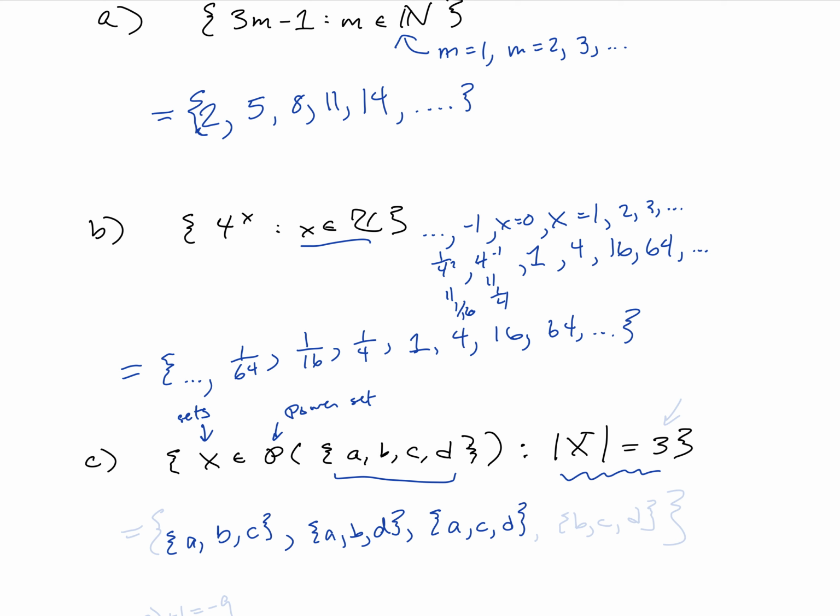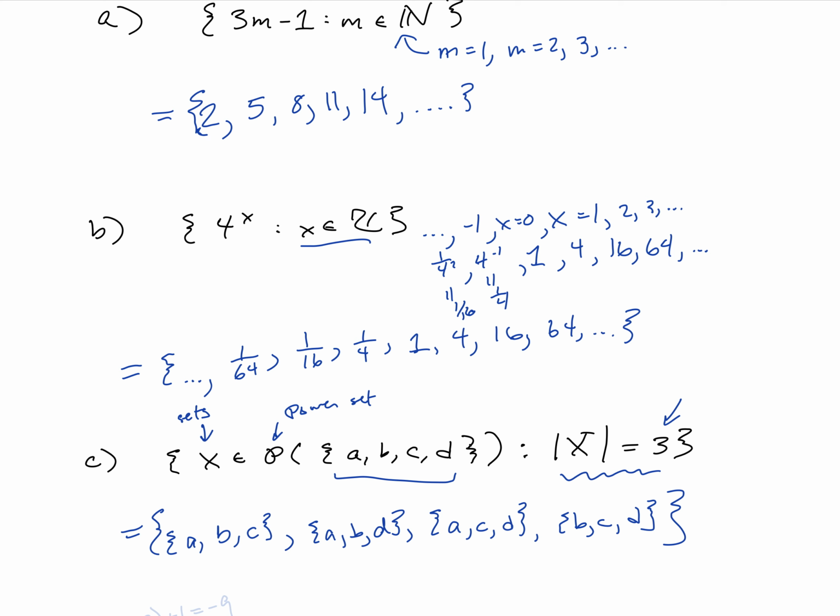And I think there's one more, yes. Then there's also just {b, c, d}. So those are the sets that are elements of the power set of that original set that also have cardinality 3, that have 3 elements. And those are the elements. This should also be between braces. So that is writing out the set by listing its elements.